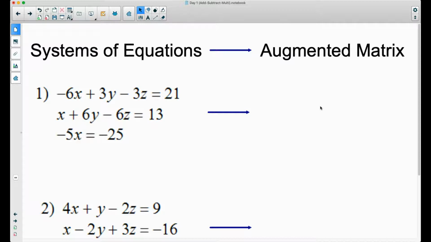So we're going to go from a system of equations and we're going to make it into a matrix. Remember systems of equations when you were in algebra 1 and algebra 2 and you had to solve for 2 equations, 2 unknowns. You had to do substitution, you had to do elimination, all the yucky stuff.